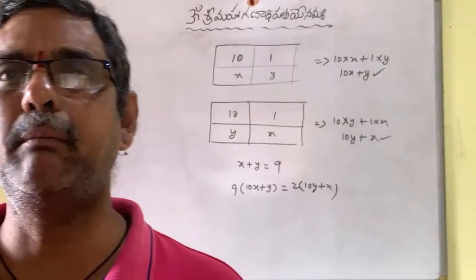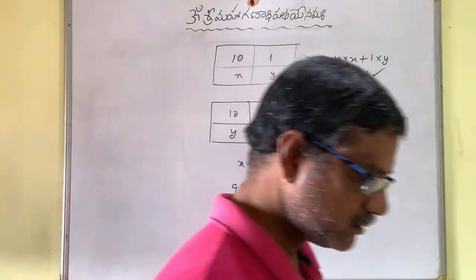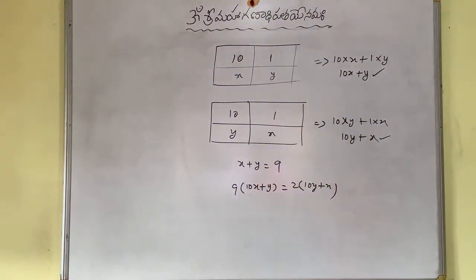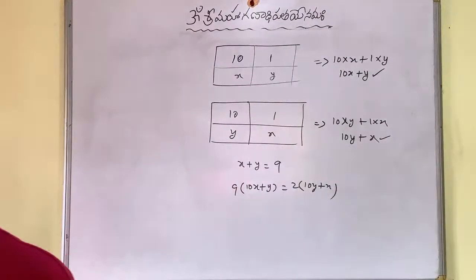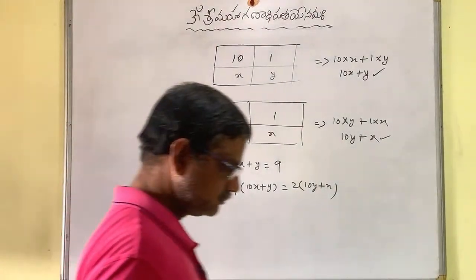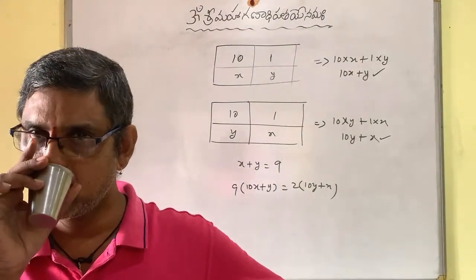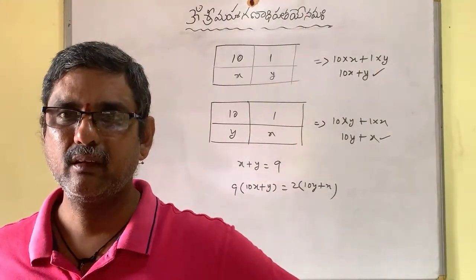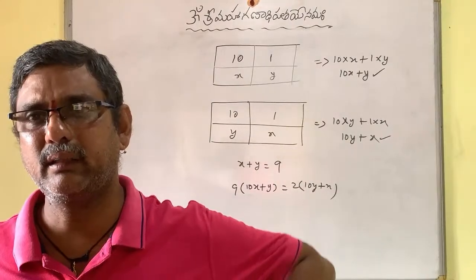Now children, simplify and tell me the answer. What is the 2-digit number? x is 1, y is 8, means... no, I think it is not right.